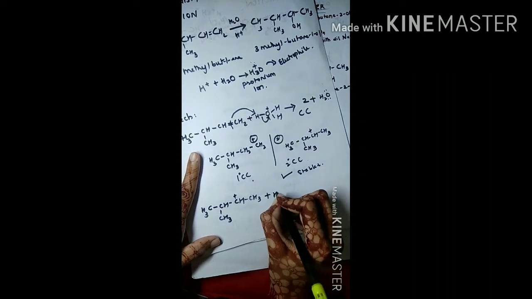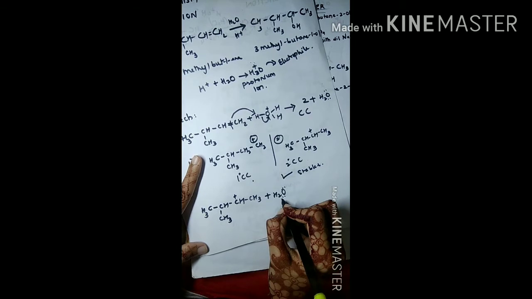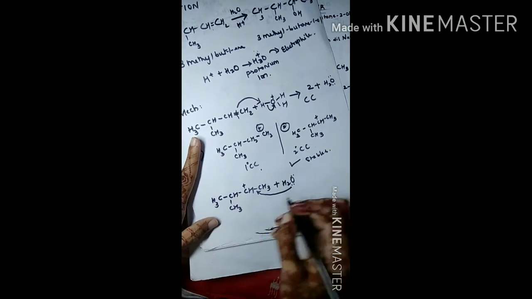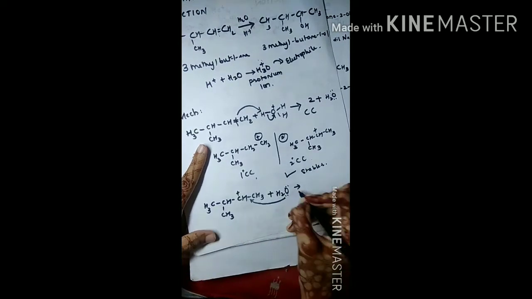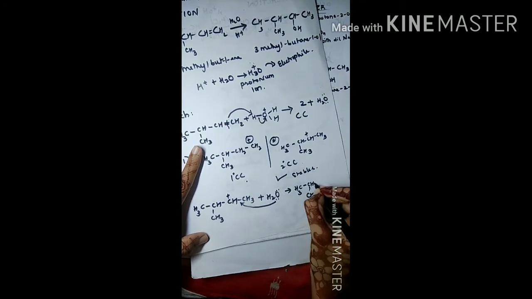Now I'm showing the attack of the lone pair of electrons on the carbocation. By this attack, the water gets attached to the carbocation. Now this is how it gets attached.